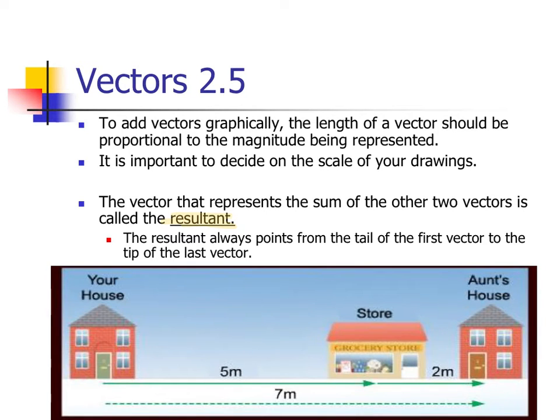Say now you go from your aunt's house back to your house. Your displacement from where you started is going to be what? 0. The displacement from where you started is 0.